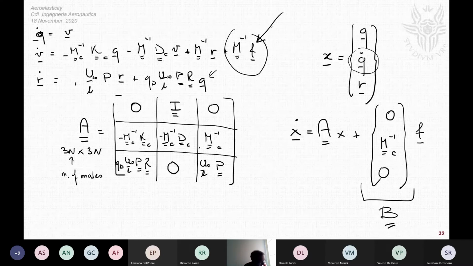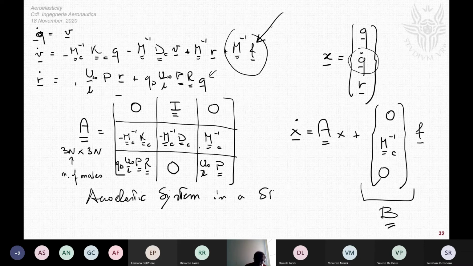Okay, are you happy? I hope so, because this is the aeroelastic system in standard state space form.